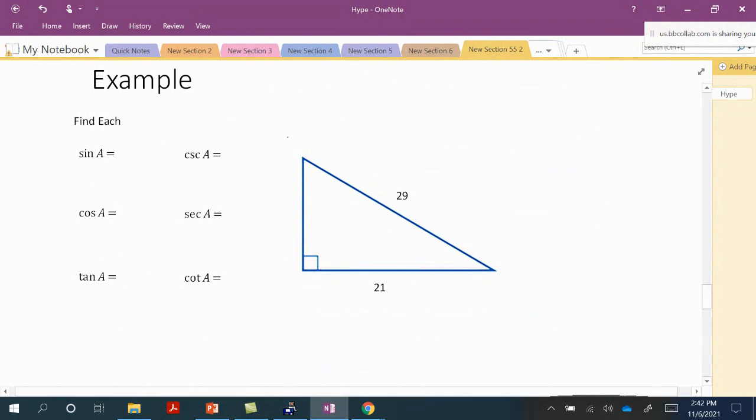So I'm going to call this first angle angle A. I'm going to call the second angle angle B. And our right angle is angle C. Right? And we want to find the sine, cosine, tangent, and the reciprocals for angle A. The first thing we must do is find our missing leg.